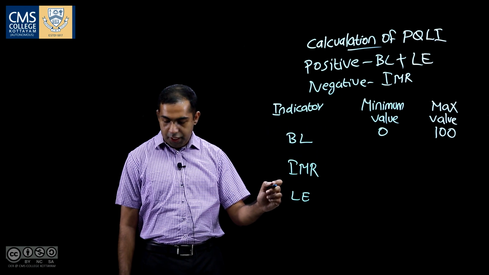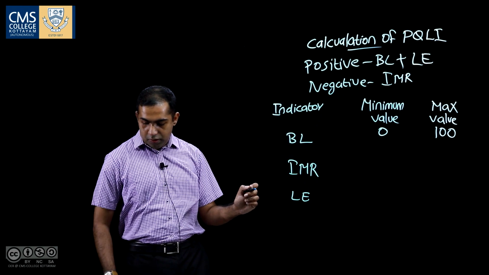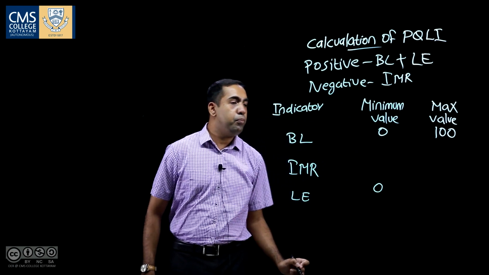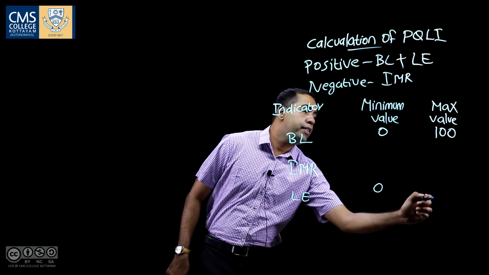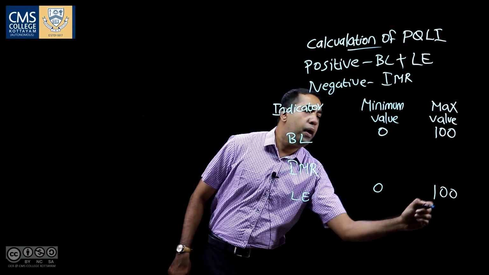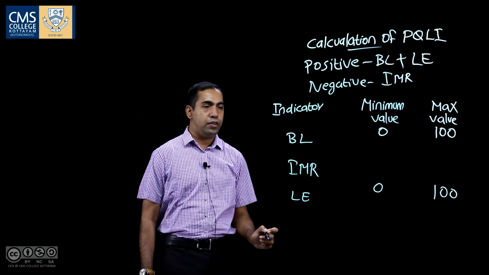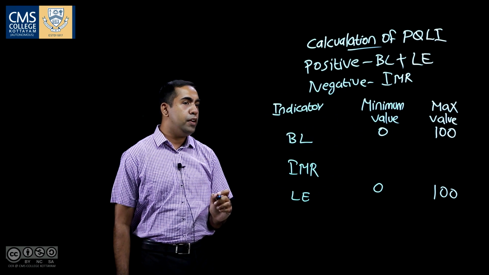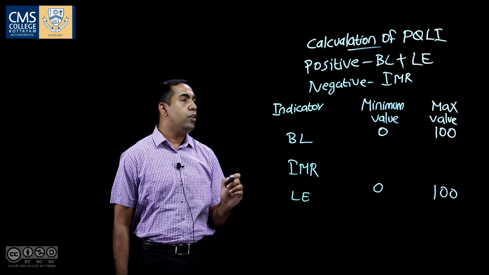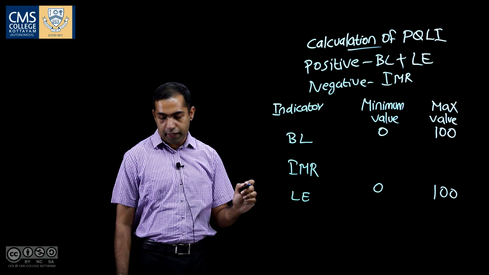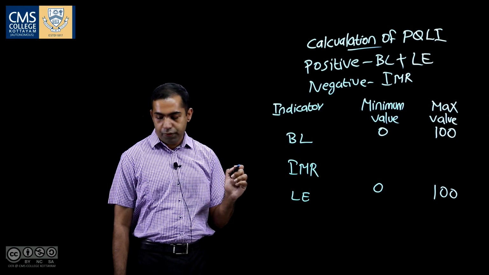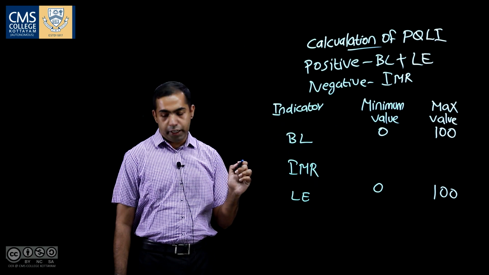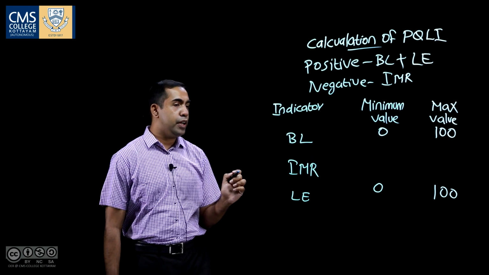Also, for life expectancy the minimum value is 0 and the maximum value is 100. So, these two are the positive indicators. Lastly, we come to the negative indicator, the infant mortality rate.